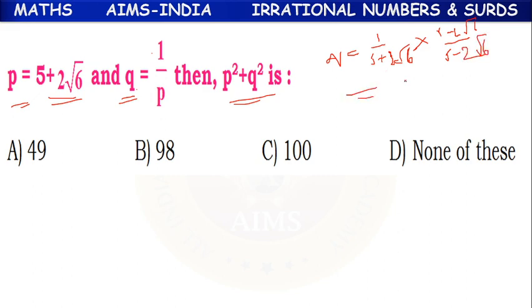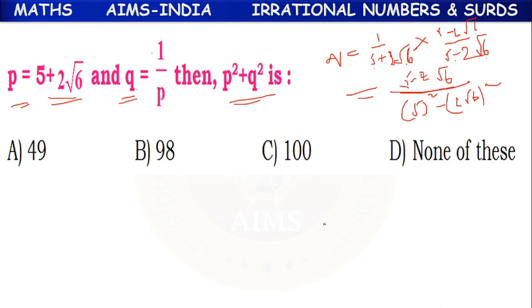What happens? Numerator 5 minus 2 root 6 will come. What about denominator? A plus B, A minus B. A square means 5 square. B square means 2 root 6 whole square.